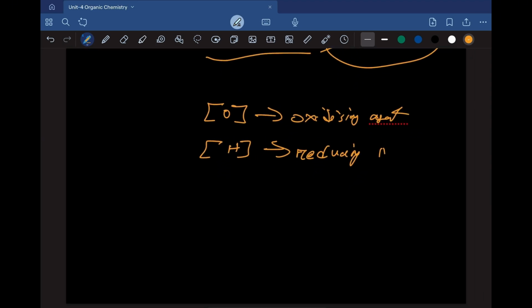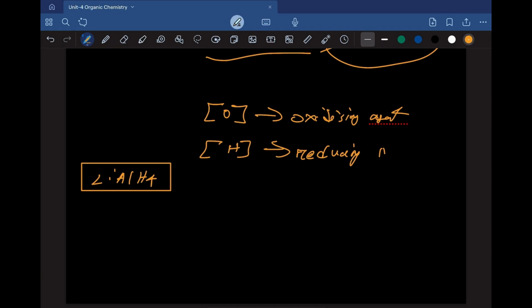Something more that I want you to understand is this part. Let's say LiAlH4. This was the reducing agent, right?